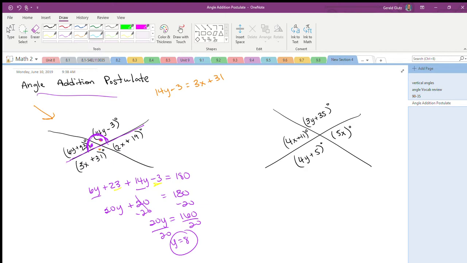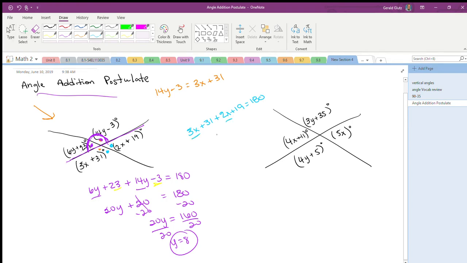So if I want to find x, notice that these two angles both have x in them and no y. So I could do the same thing we just did. There's other ways to solve for x here, but I'm just going to do it this way, and you can think about what those other ways may be. So 3x plus 31 plus 2x plus 19 has to equal 180. So again, I'm going to combine my like terms.